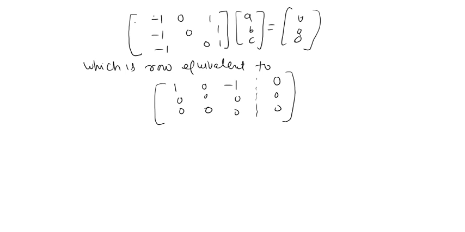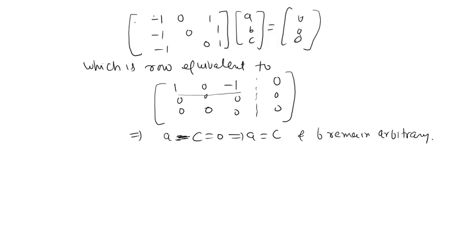Okay, so from here you got from first A minus C equal to 0, that is A equal to C, and B remains arbitrary.